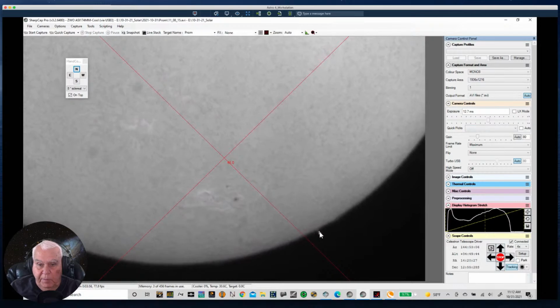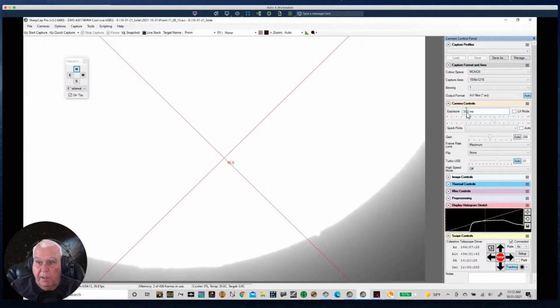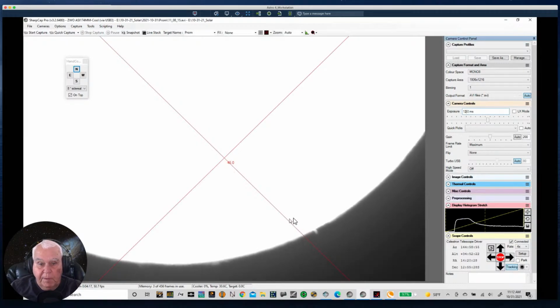I'm going to bet we've got a solar flare that's pretty good size right here. So I'm going to overexpose and see if we do. I see it trying to, it's kind of a nub, but I thought it was going to be a lot larger than that.